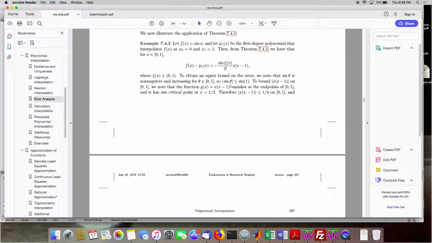And then here, also what we were just talking about, now you have to bound this part from the error. And it's noted that at the endpoint, it's going to be 0 anyway, so we can forget about that. Okay. Now, yes, I didn't talk about the process of taking the derivative and finding a critical point, because this is a numerical analysis textbook, not a Cal 1 textbook. Presumably a student reading this book would know how to find a critical point.